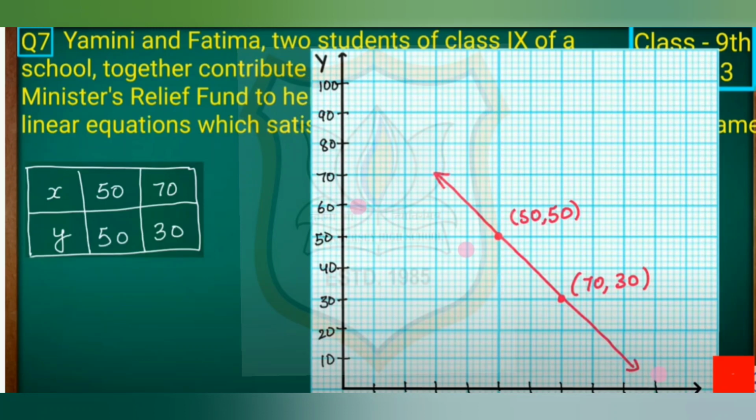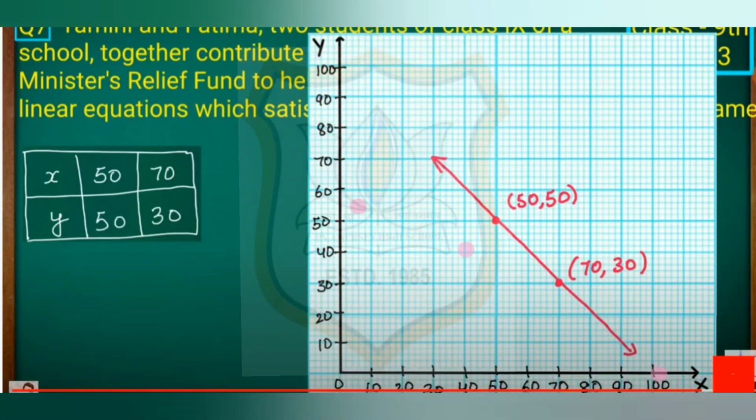In the same way, on the y axis we have 10, 20, 30, 40, 50, 60, 70, and so on. First we put x equals 50. Here it is x equals 50 and y equals 50. So this is y and this is x. So here we get 50 comma 50.